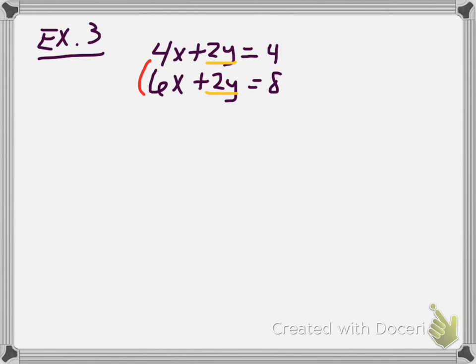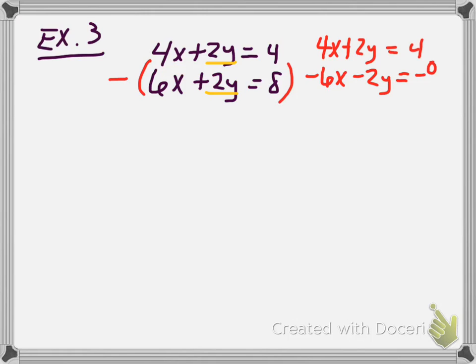So different signs. This is why I'm going to take the bottom equation and multiply it by a negative number. The top equation, nothing happens to it. I'm just going to rewrite it the way you see it: 4x plus 2y is equal to 4. The only one we changed was the bottom one. So we distribute the negative to everything. That becomes negative 6x minus 2y is equal to negative 8. Now that I've taken care of that, do you have the same numbers, same variable, one positive, one negative?